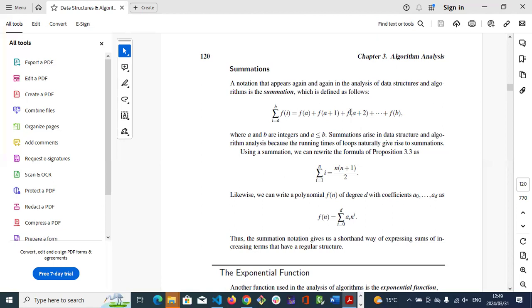A summation is defined as follows: the sum from i equals a to b of f of i equals f of a plus f of a plus 1, plus f of a plus 2, until the last term, which is f of b, which in our previous example we can call 100, the end of the summation that we need to add. Where a and b are integers and a is less than or equal to b. Summations arise in data structure and algorithm analysis because the running time of loops naturally gives rise to summations.